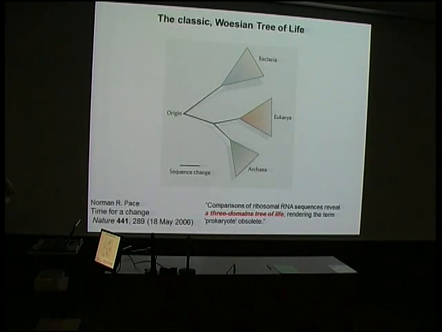Well, we don't really care that much about the terms, but the issue is that looking at the structure of the tree, it's easy to understand what Norman meant, because eukaryotes here cluster with archaea. This is very reliable. This can be reproduced by phylogenetic analysis of ribosomal RNAs, ribosomal proteins, translation factors, RNA polymerase subunits, and some other proteins primarily from the information processing system. So that is supposed to be the tree.